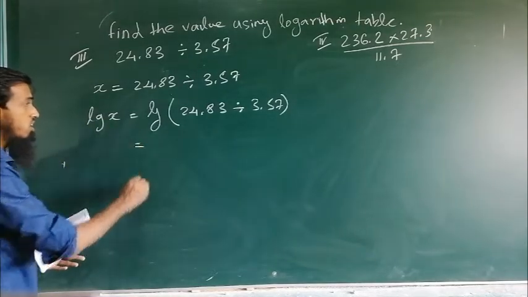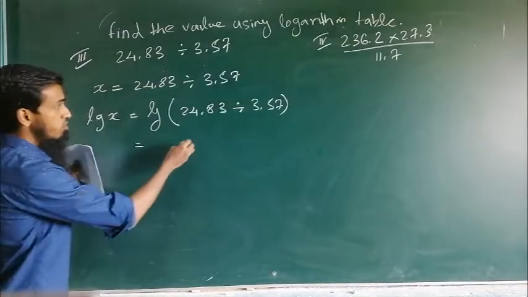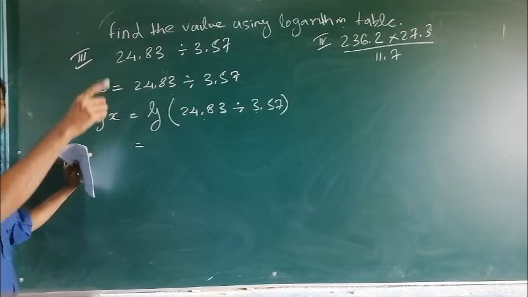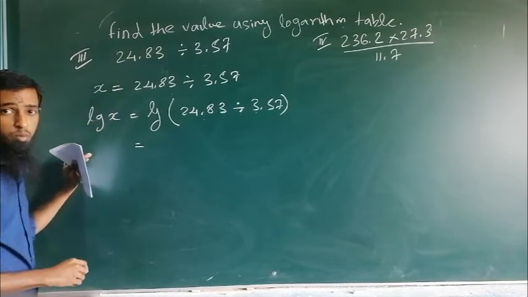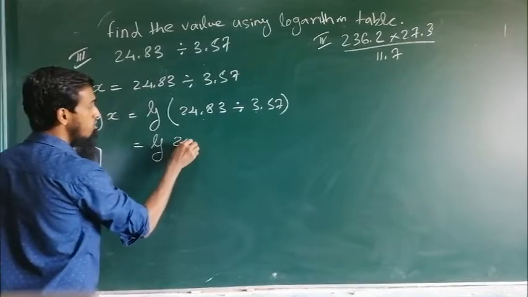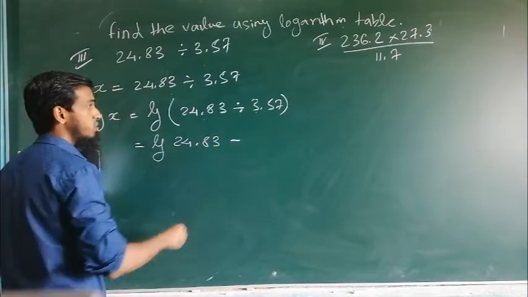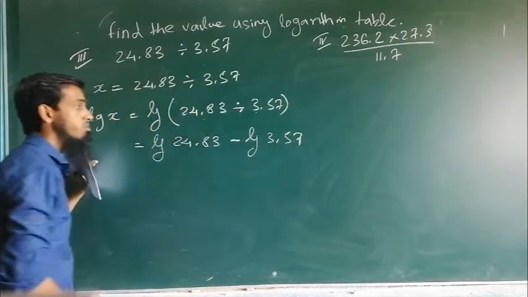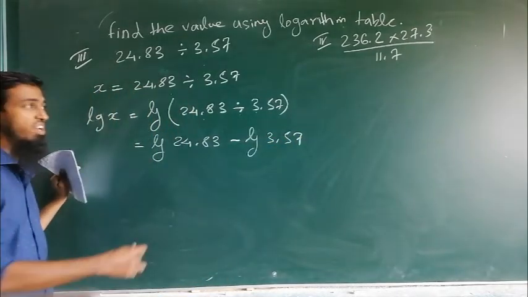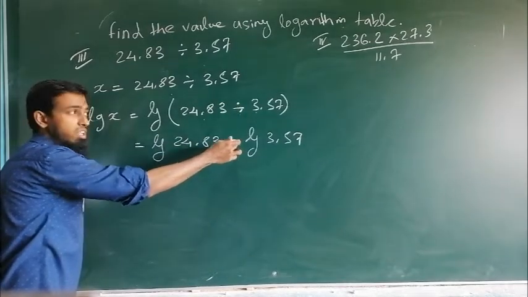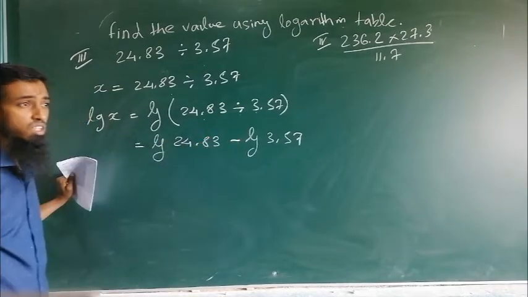Before that, if we have two values as a division in a single logarithm, the law says you can write it separately as a subtraction. So LG 24.83 minus LG 3.57. If it is a multiplication, we can write it as addition; division, we can write it as subtraction.